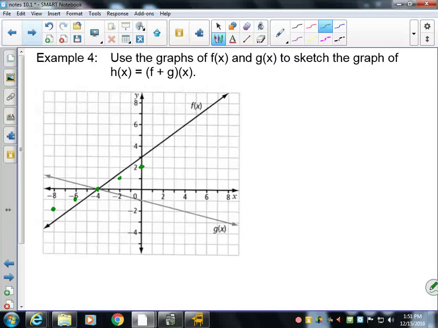So if you notice a pattern after a while, you're picking points. It goes up 1 over 2, up 1 over 2, up 1. So we can just carry on. We don't have to do the math in our heads if we notice a pattern. And then draw that line. Okay? If you notice some of a pattern, you can actually do this.